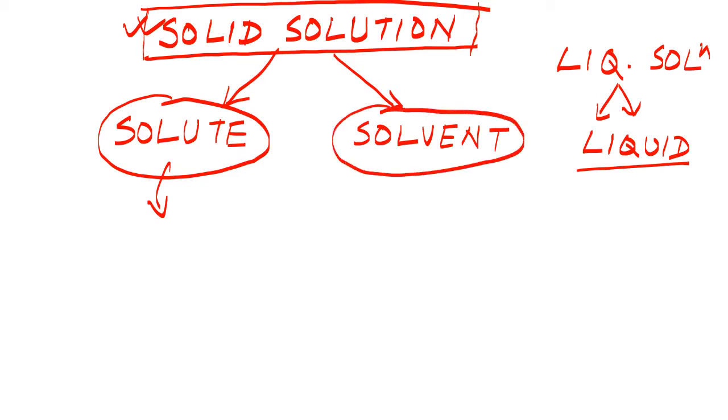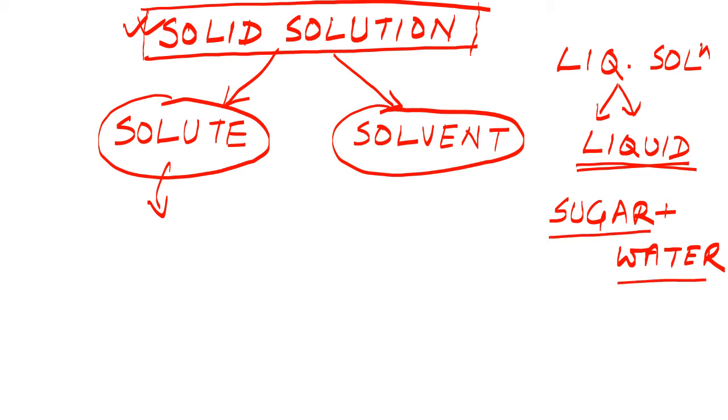Like, you may have a solid dissolved in a liquid. Suppose you have some amount of sugar added to water, and you form a liquid solution. Here sugar is the solute and water is the solvent, right?